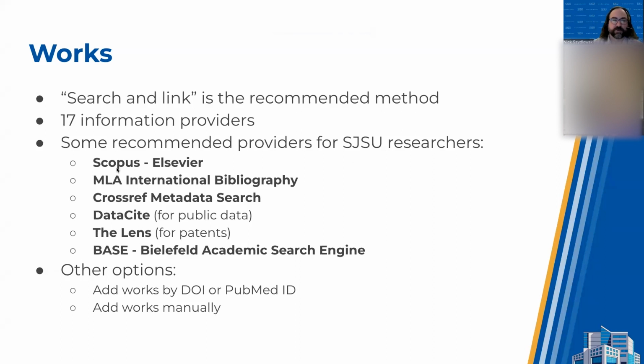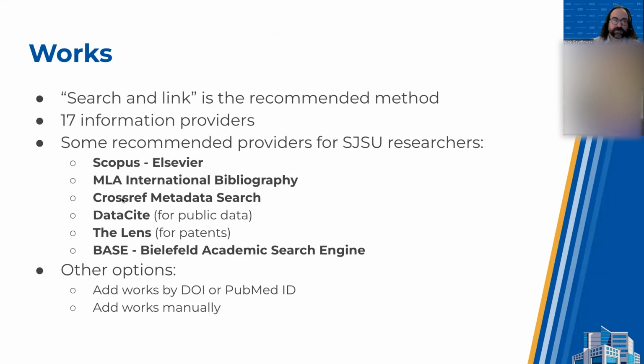I think the most relevant for a lot of folks is going to be Scopus. If you're in a STEM field or a social science field, a lot of your work is most likely in journal publications that are often going to be indexed in Scopus. If you're in more of a humanities field, you may want to start with MLA.